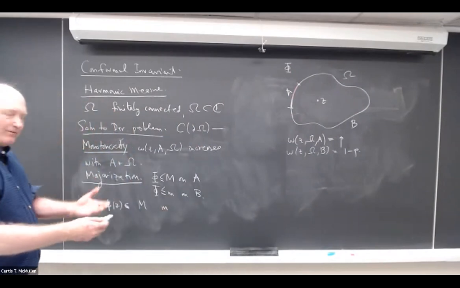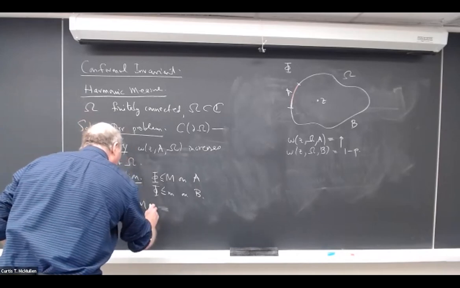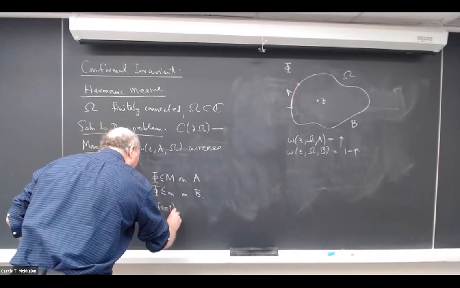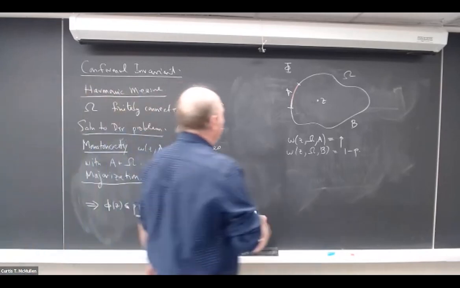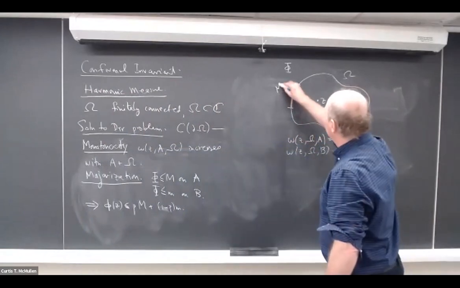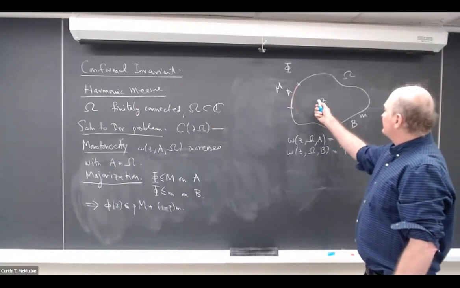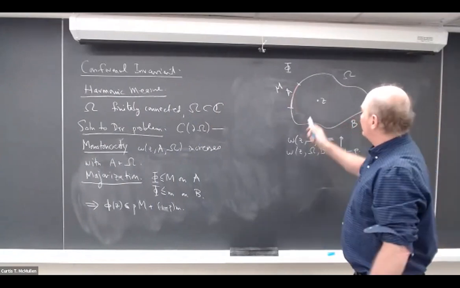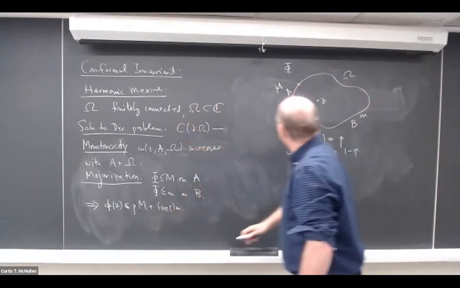And what are the relative weights? They're just the harmonic measures. So it's bounded by P times M plus 1 minus P times little m. So you see, normally, if M is big and little m is small, the most you could say using the naive maximum principle is that the value of Phi is less than or equal to M.